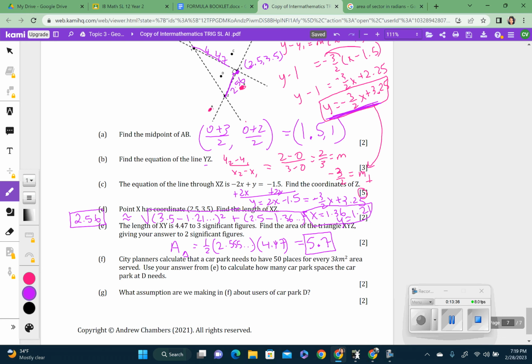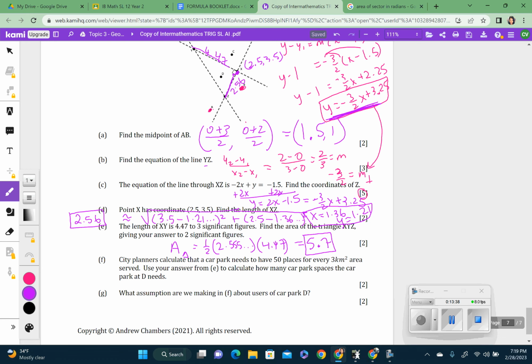City planners calculate that a car park needs to have 50 places for every 3 kilometers squared area served. Use your answer for part E to calculate how many car park spaces the car park at D needs. For this, we're going to set up a ratio: 50 places for every 3 kilometers squared, set equal to x, which we don't know.